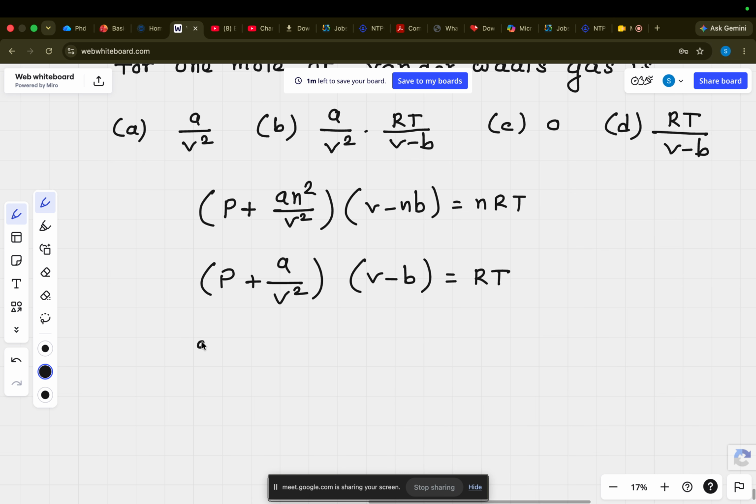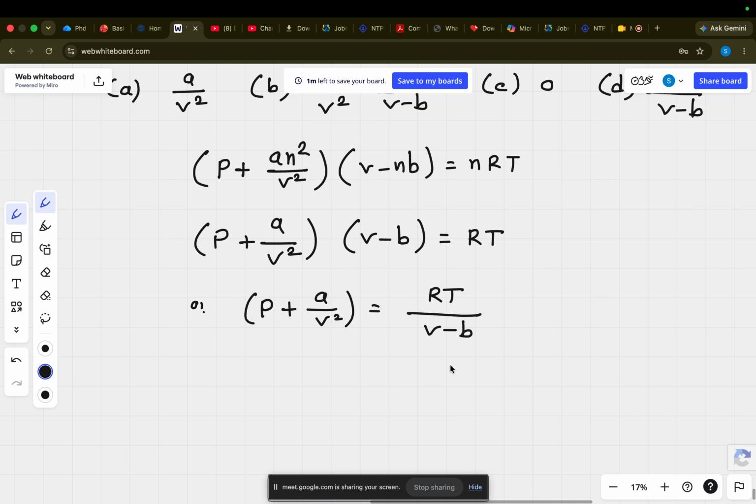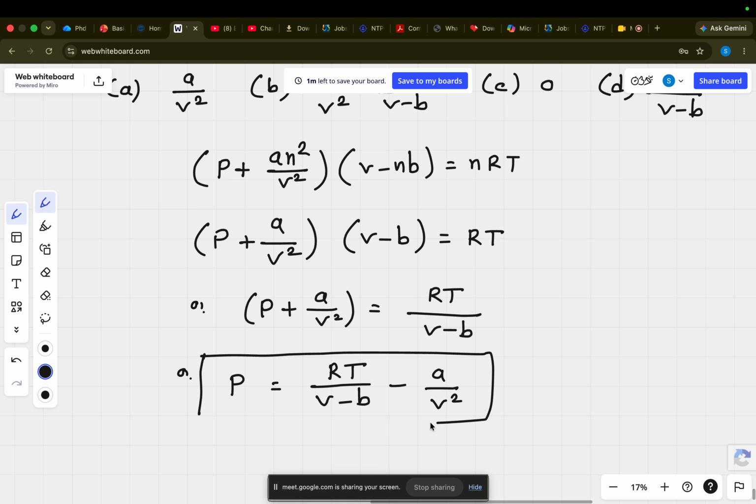So find out the P value from here. P plus a by V square is equal to RT by V minus b, so P is equal to RT by V minus b minus a by V square. This is the pressure value we are getting.